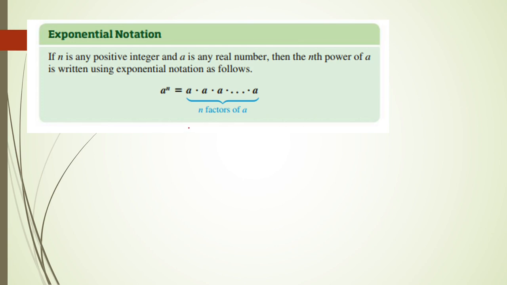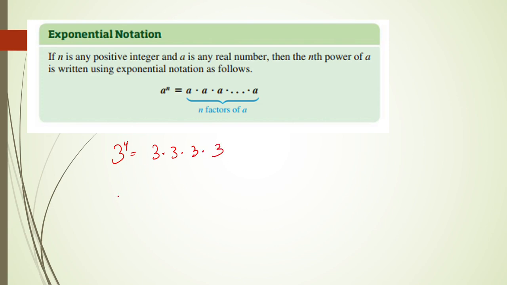If n is any positive integer and a is any real number, then the nth power of a is written using exponential notation as follows. a to the n is equal to a times a times a all the way up to n a's. For example, if I have 3 to the 4th, this is equivalent to 3 times 3 times 3 times 3, 4 times.